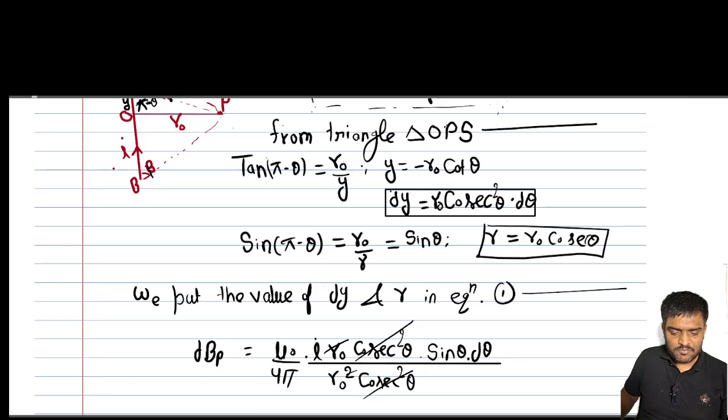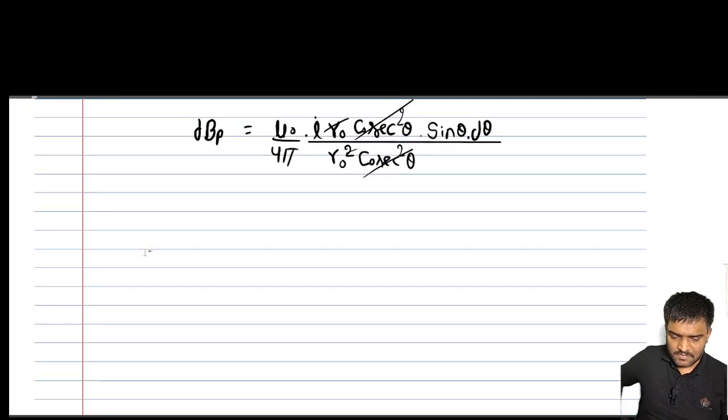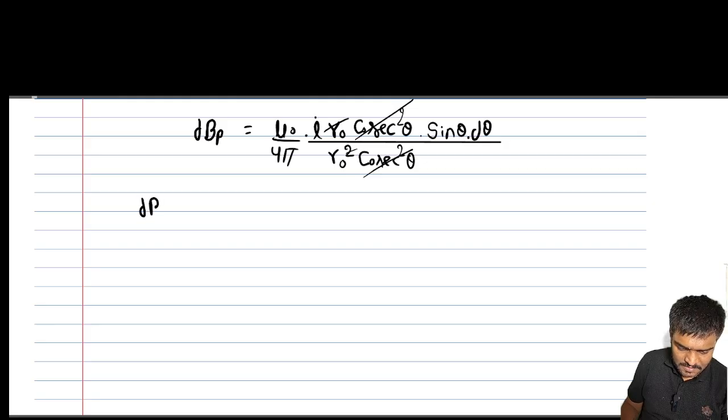Final expression of magnetic field: dBp is equal to mu naught upon 4 pi I, sin theta d theta upon r naught.